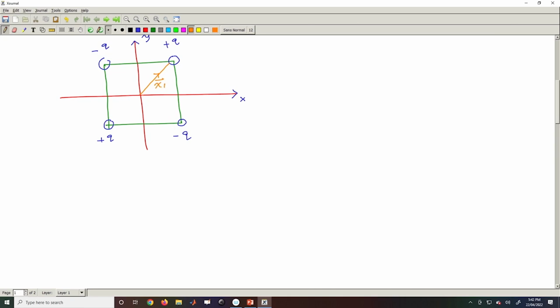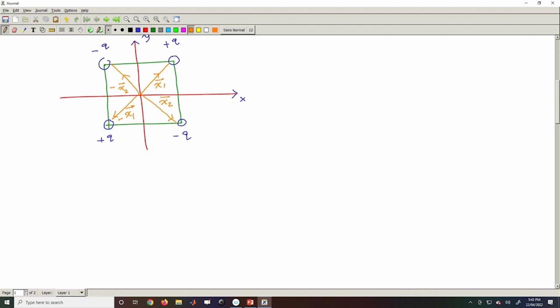In a similar way, from here to here, this is the position vector, and say this is chi 2. Now, by symmetry I can say that the position vectors of these two will be simply minus chi 1 vector and minus chi 2 vector. These are the position vectors.